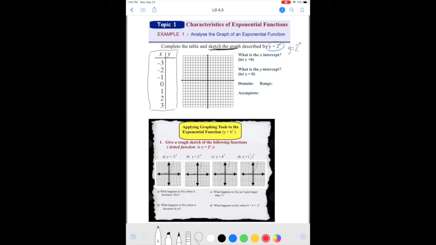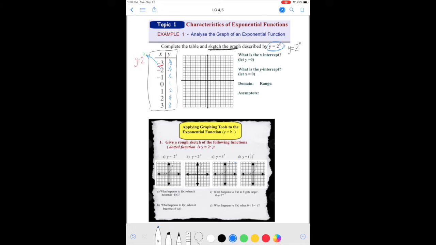If I put negative 3 into that x, I am going to get an output of 1 over 2 to the power 3, so it's 1/8. And then I get a quarter, I get a half, I get 1, I get 2, I get 4, and I get 8. So that's just putting the input in, output out.